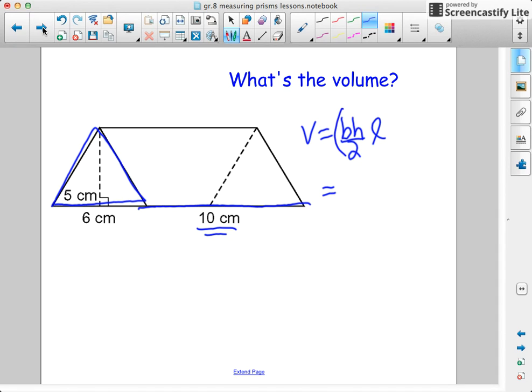So my base for that is 6. My height is 5. Divide that by 2 times a length of 10 centimeters. So what I'm going to end up with is 6 times 5 is 30, divided by 2 is 15, times 10 is 150 centimeters cubed.